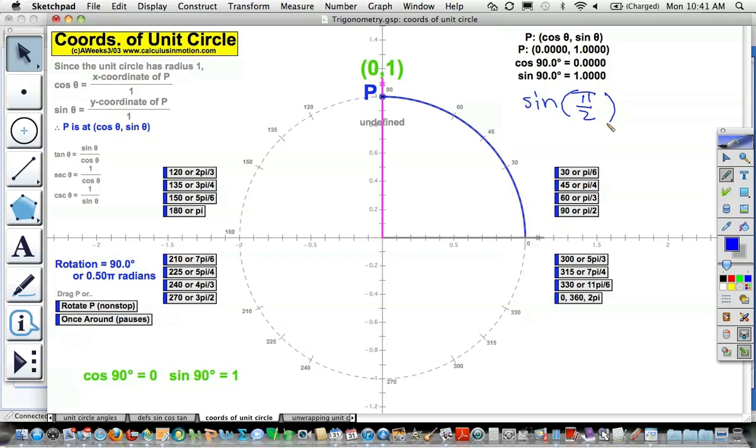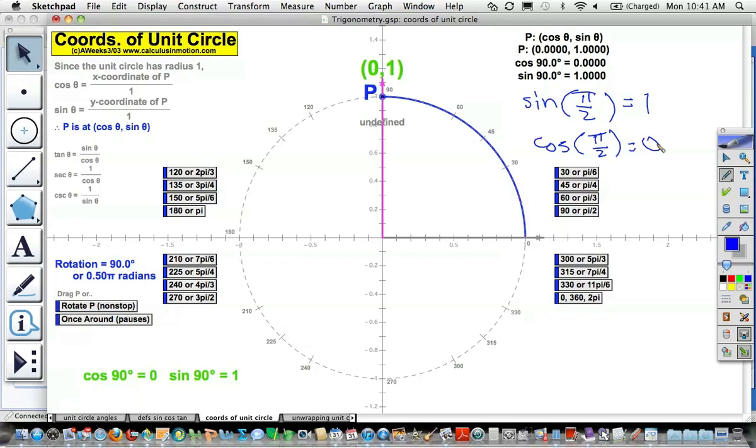There's no triangle to draw, so SOHCAHTOA doesn't work because there's no triangle. So at 90, you have to remember that cosine is the x and sine is the y. At 90, you're straight up. The y would be 1, that's sine, and the cosine would be 0. So sine would be 1, cosine of pi halves would be 0. Of course, tangent would be sine over cosine, which would be, in this case, undefined.